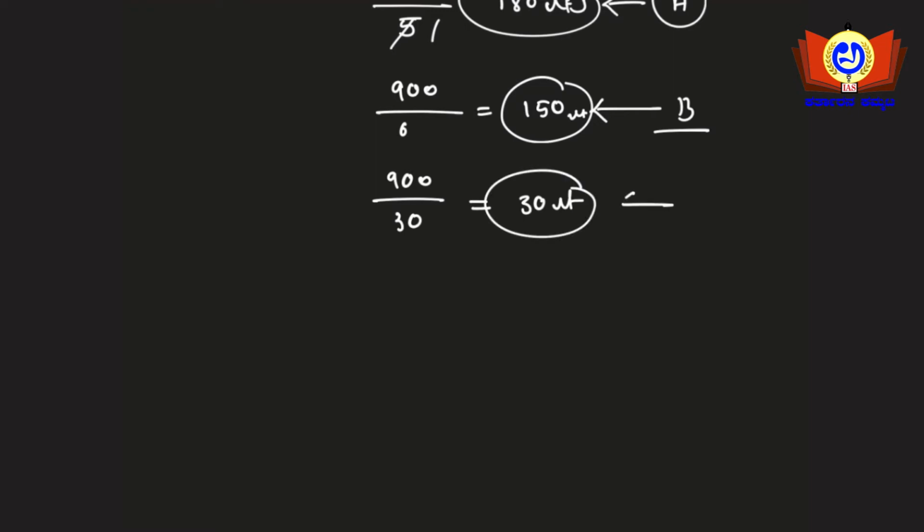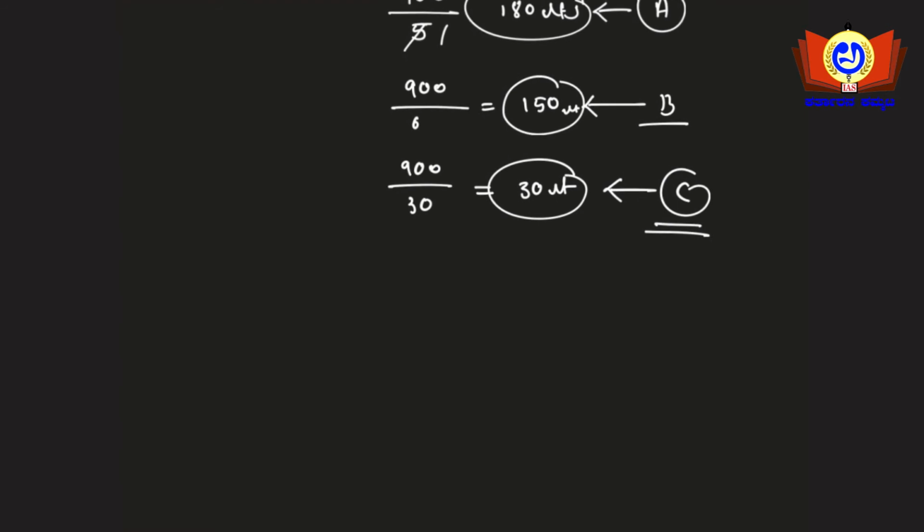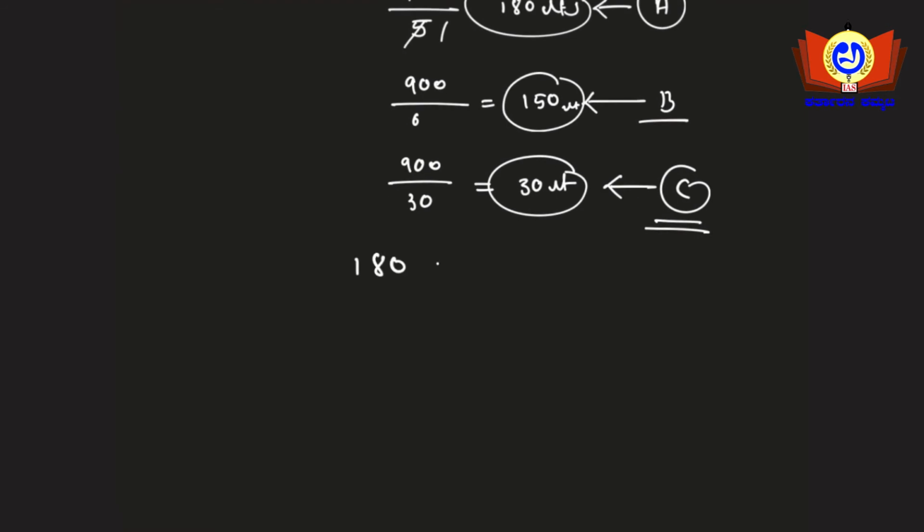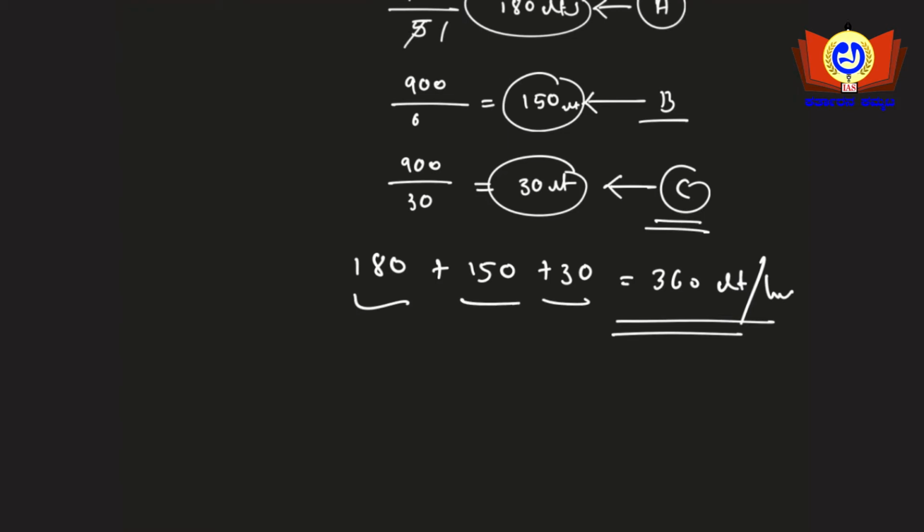This is about the pipe C here. So upon adding this 180 plus 150 plus 30, that will be equal to 360 liters per hour when the 3 pipes A and B and C are simultaneously let open here.